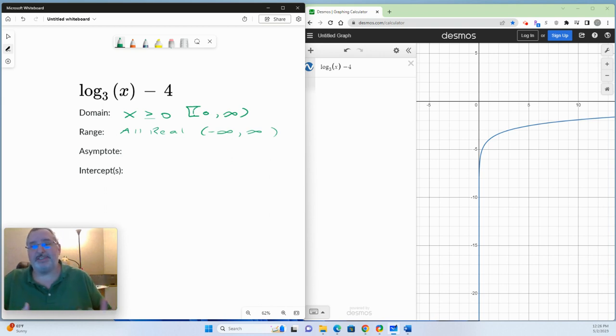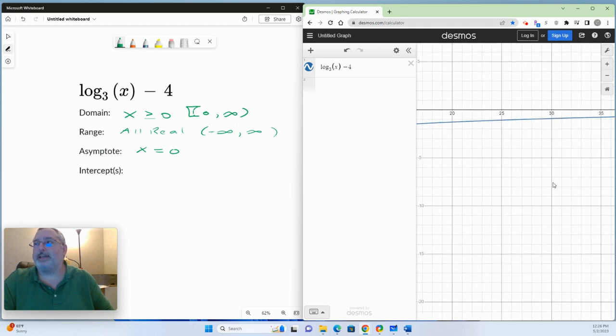Asymptotes. Now the asymptote is that line where the graph never crosses. In this case, it never crosses the y-axis. Well, what's the equation for the y-axis? That's x equals 0. And then the intercept, there's one intercept, and it's going to be where the line crosses the x-axis.